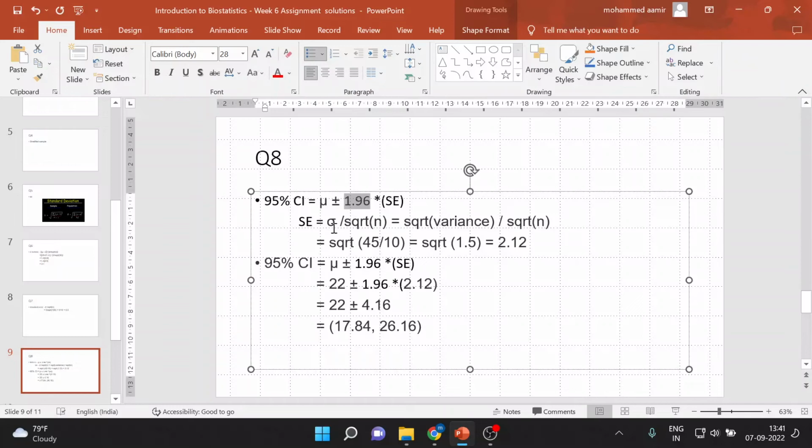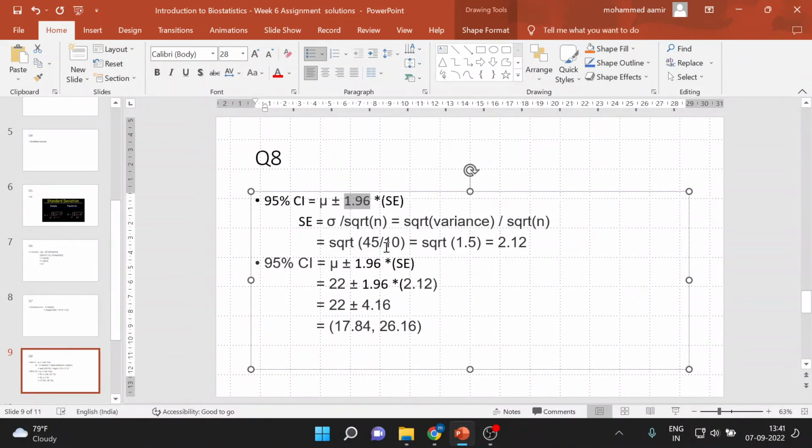And then to calculate standard error, you just have to calculate sigma by square root of n. But in this question, we have variance. To get the standard deviation from variance, we need to take the square root of that and then divide by the square root of n. So this is nothing but square root of the variance, that is 45, divided by square root of the sample size.